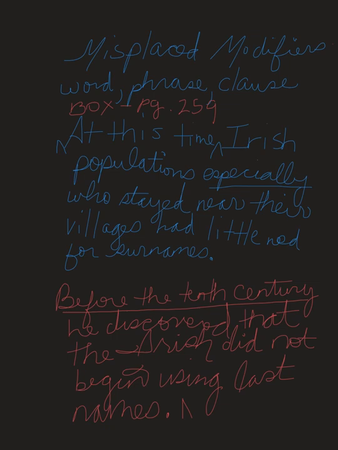We could put it at the beginning of the sentence and say, especially at this time, or we could put it after the prepositional phrase at this time. At this time, especially Irish populations. I kind of like it at the beginning better, but either one of those would be okay.